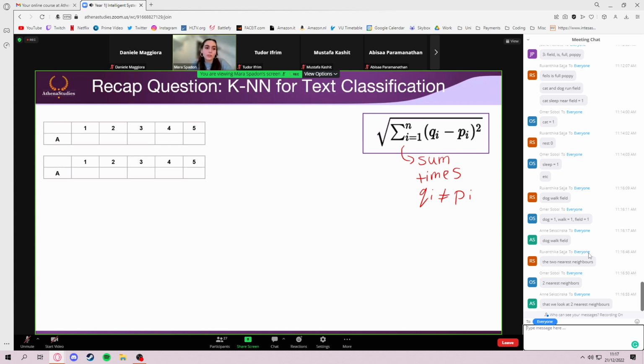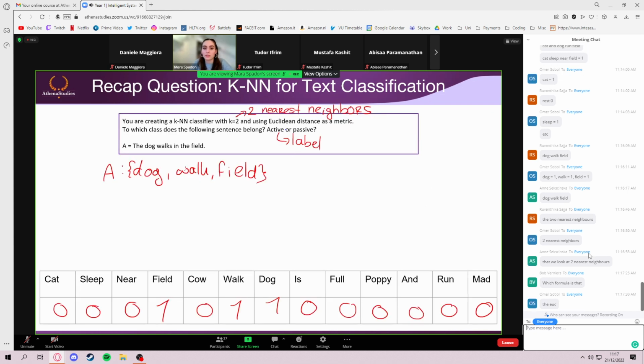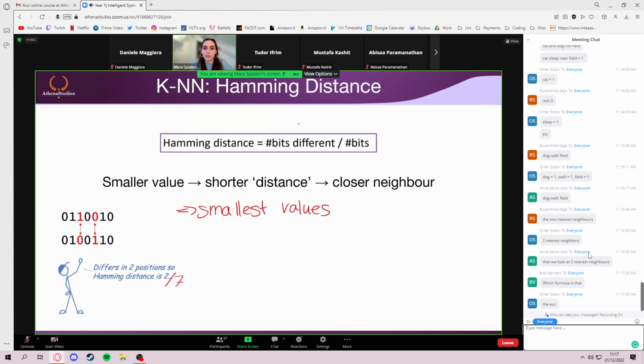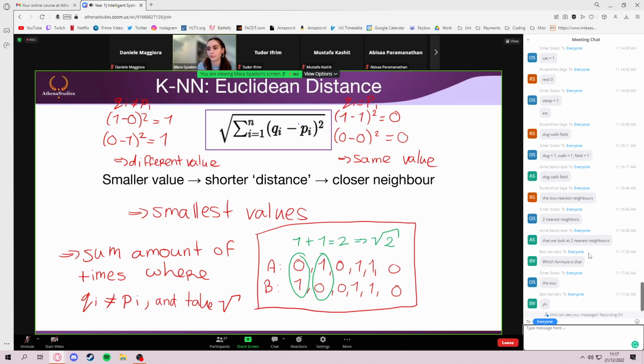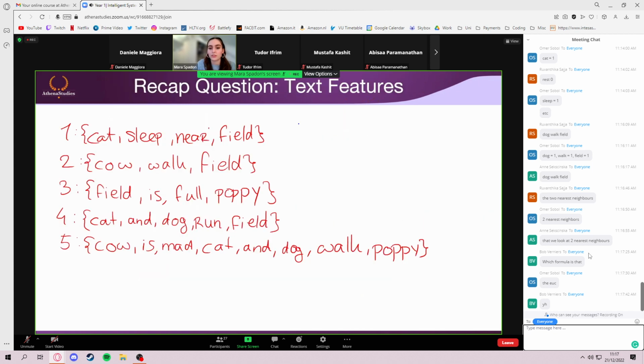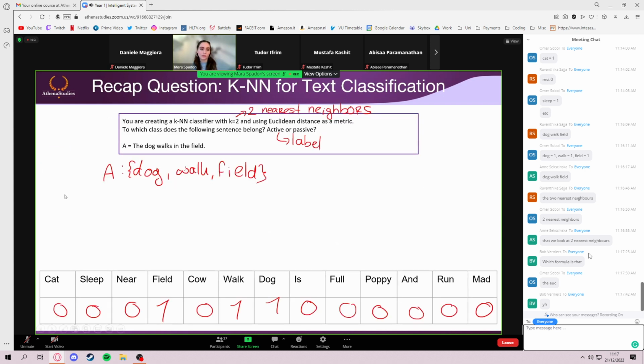Okay, so what we want to do is we compare sentence A to sentence 1, 2, 3, 4, and 5. Which formula is that? This is the Euclidean distance. Yeah, so if we go back, it's this one. Remember how we did that one? And then you take the square root of it. Yes, okay. So let's do that for this one. So we want to compare sentence A to sentence 1 and see the amount of differences.